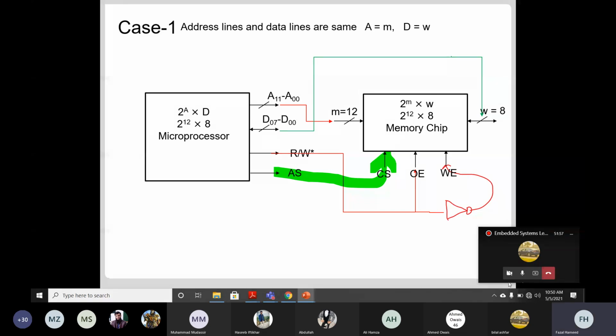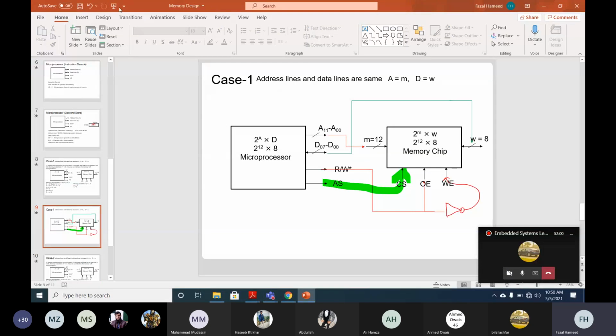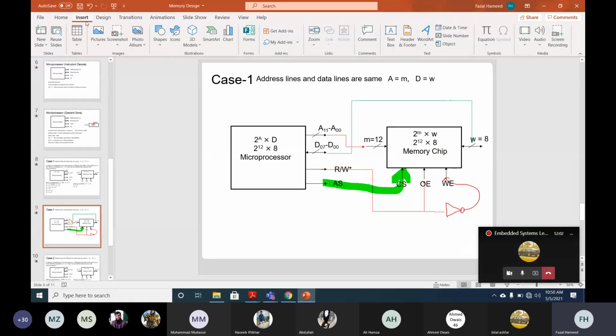So now there are two possibilities. When read write bar is 1, read is 1. It means OE is 1. Am I right or not?